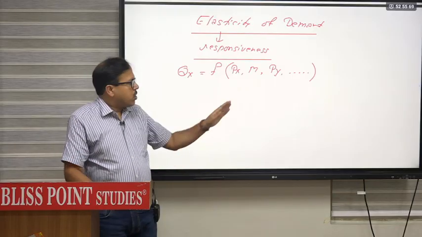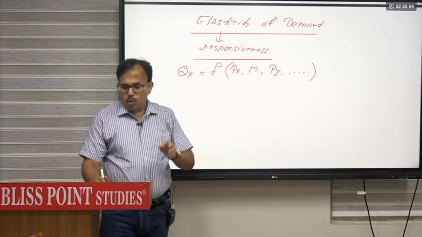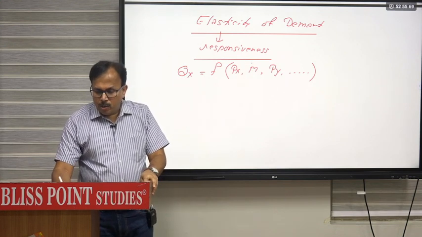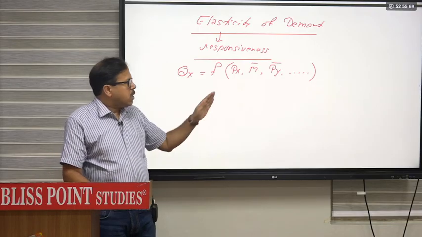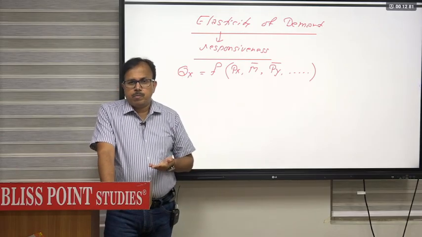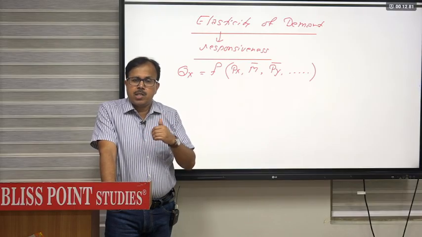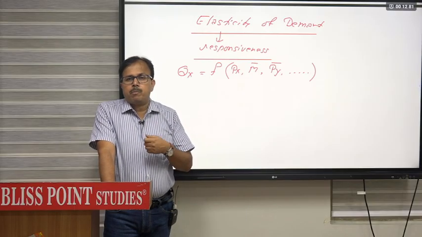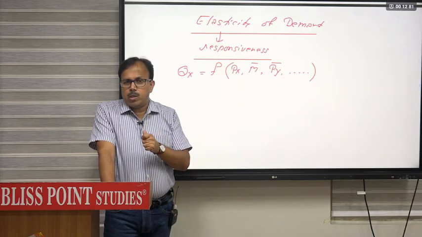So if there is change in price, keeping other factors constant. So if I keep income constant and price of related goods constant, then as price will change, demand will respond. But question is by how much it will respond. That degree of responsiveness will be calculated by elasticity of demand, and that will be called the price elasticity of demand. So I repeat, price elasticity demand measures what?